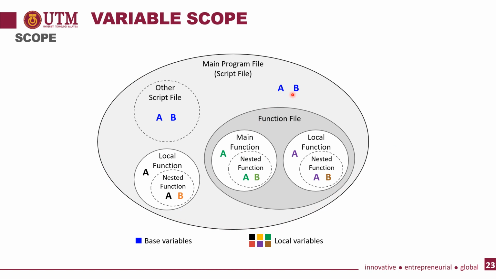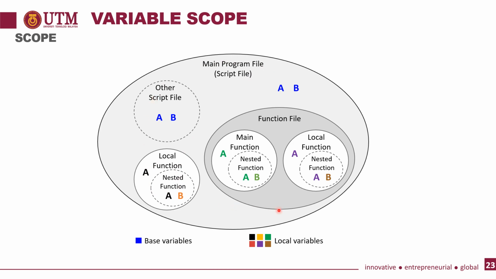Any variable that you initialize within the script file, or in another script file, we call a base variable. If you have a local function and you initialize a variable inside it, it is a local variable that you cannot see. That is a local function inside a script file.